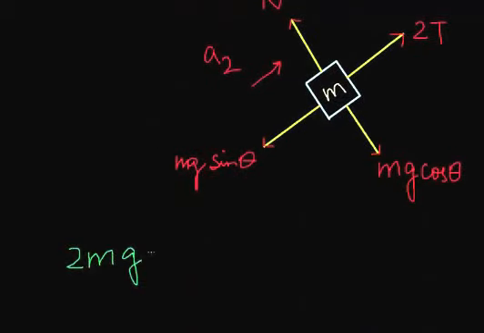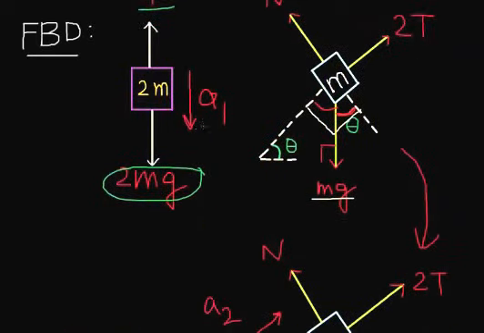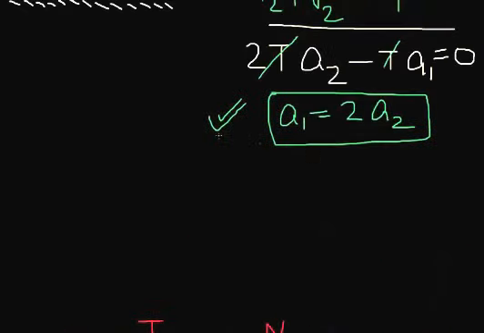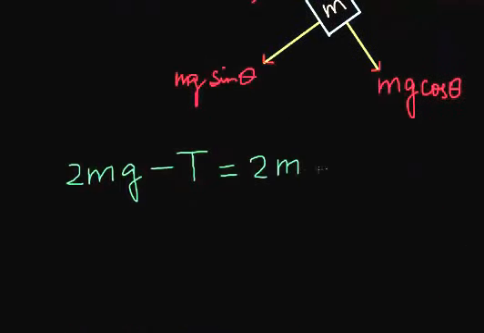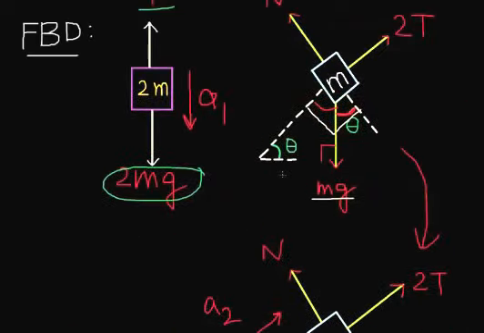So we can write 2mg minus t is equal to the total force, and the total force is given by mass into acceleration. The acceleration of this block is a1, and from the constraint equation we know that a1 equals 2a2. So we can write this as 2m into 2a2, which equals 4m a2.